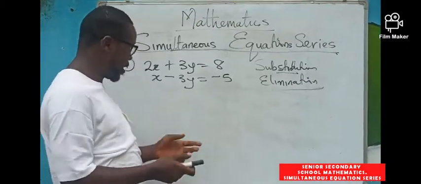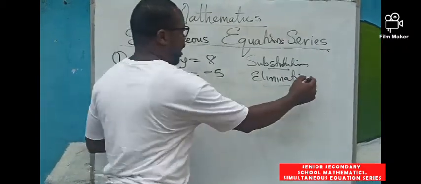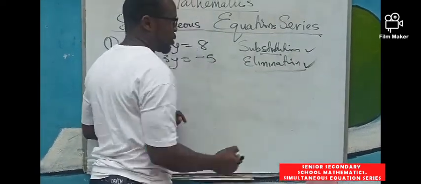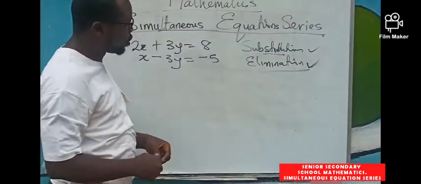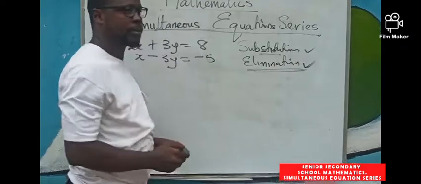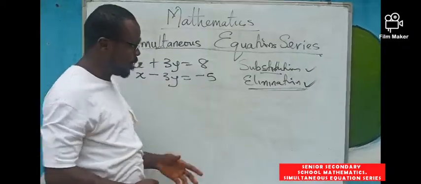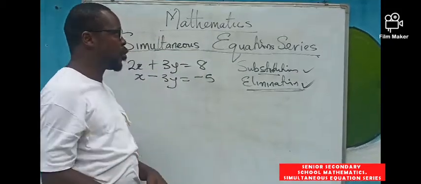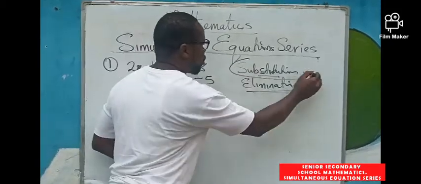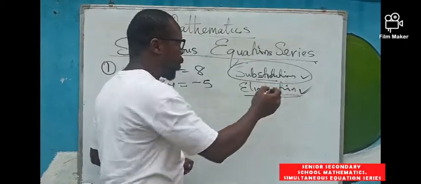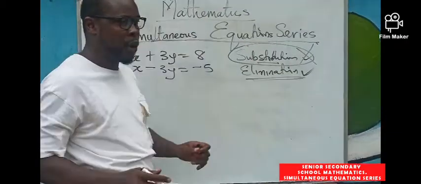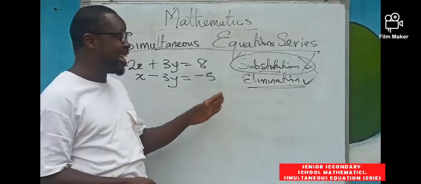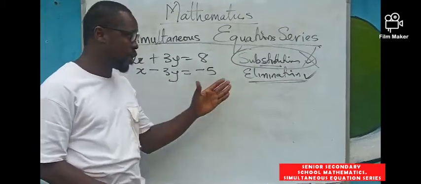But for clarity, I want to concentrate on either substitution or elimination. First of all, I want to do elimination for now. Then subsequently, when we've mastered this method, we can introduce substitution. So we assume that we are not substituting for now, so we don't mix up the two concepts. The concept we want to work with now will be the elimination concept of simultaneous equations.